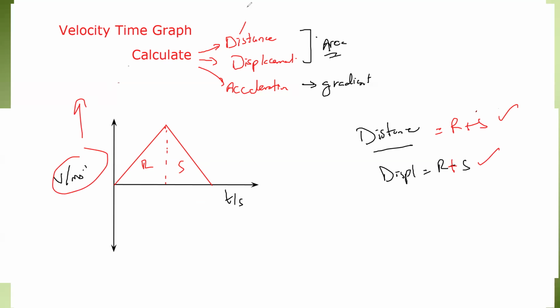Even if there was another graph in which, instead of being above the origin, it was below the origin throughout the motion. So we have a graph like this.